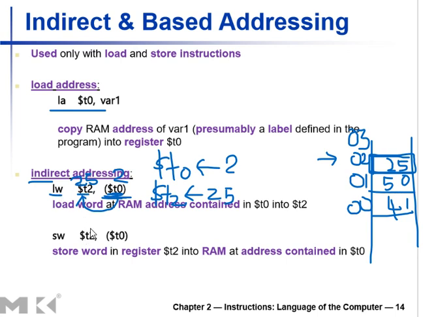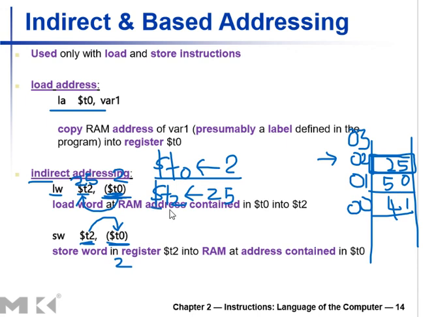Store word means you take the content of a register and move it to this address. Let's assume register T0 is 2. In the previous example I told you register T0 is 2. So the address is 2.